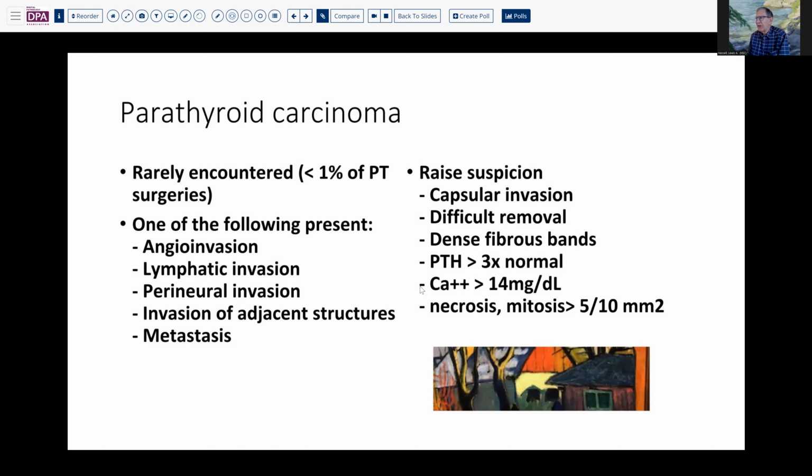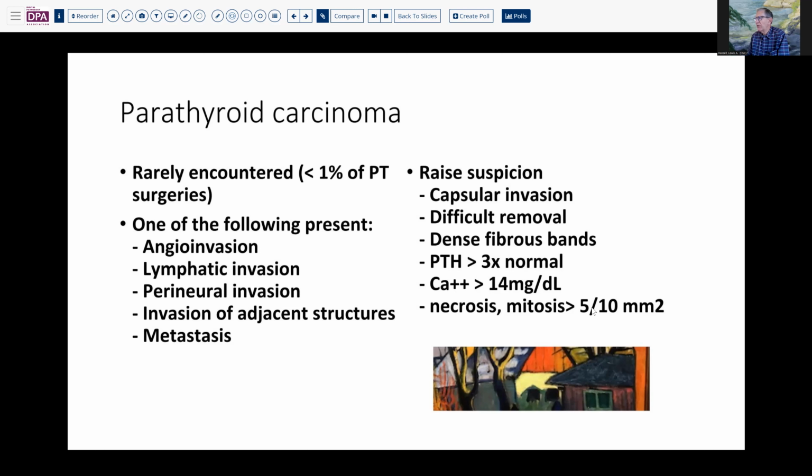On the chemical side of things, a PTH level that is multiple times greater than the normal range should also raise consideration of this possibility. Likewise, a so-called malignant hypercalcemia type of picture could be considered as well.